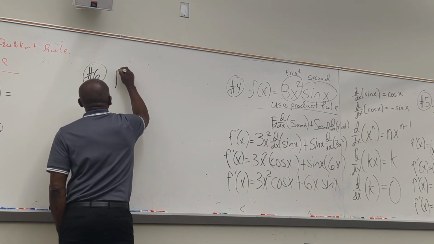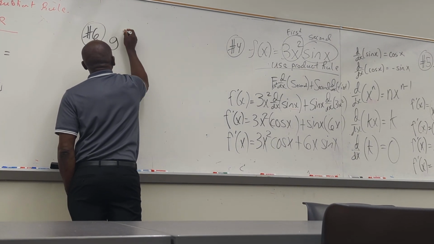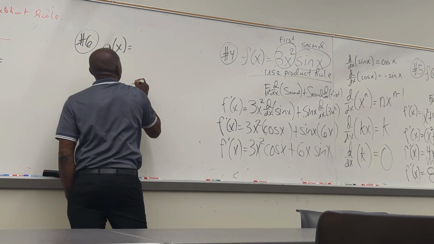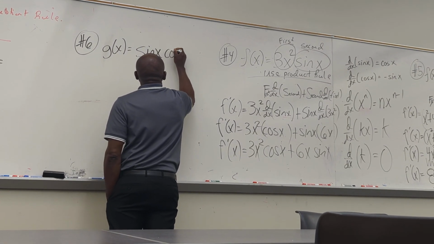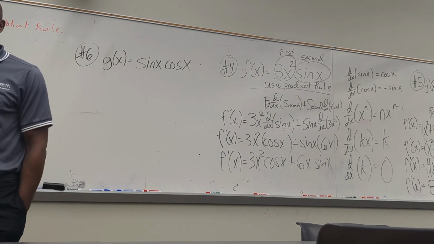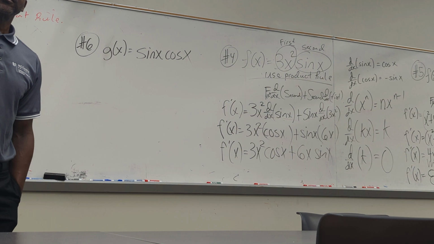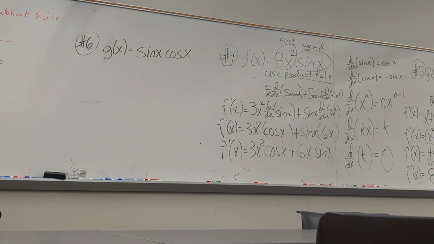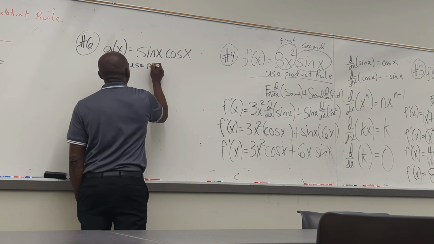Number 6 says, class, does it have to be f of x every time? Can it be g of x equals sine x cosine x? What are we doing here, class? Multiplying. So what rule are we gonna use? The first and second.